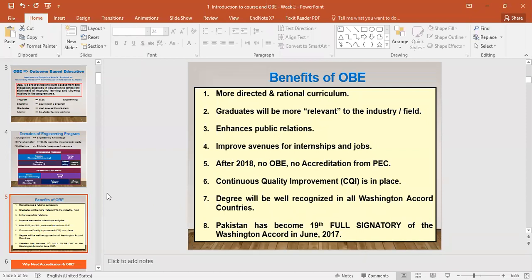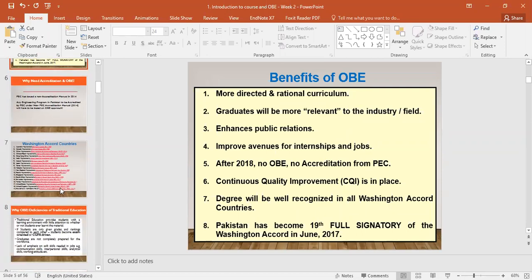As we will see, for every course there are some CLOs, course learning outcomes. For every course there are 2 to 3 or 4 CLOs, so that those CLOs reflect the outcome of a course.